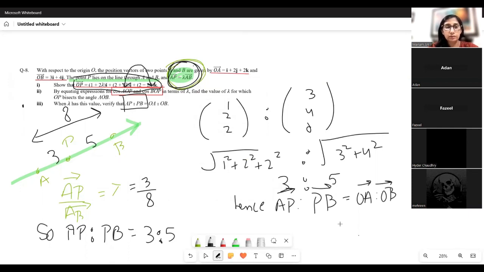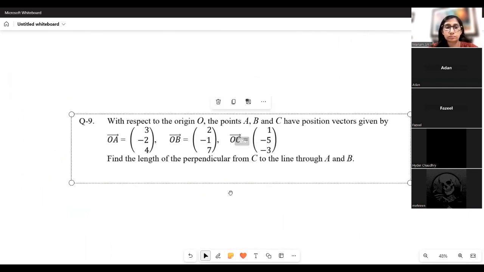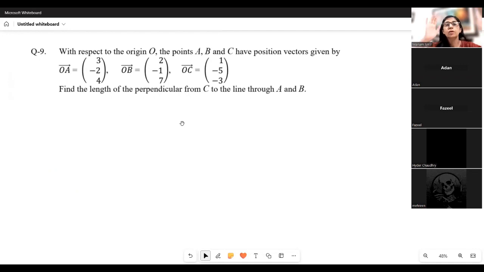Now we start 9. With respect to origin O, the points A, B and C have position vectors this, and this.